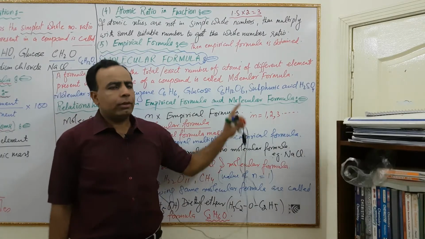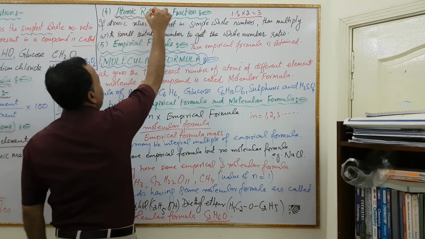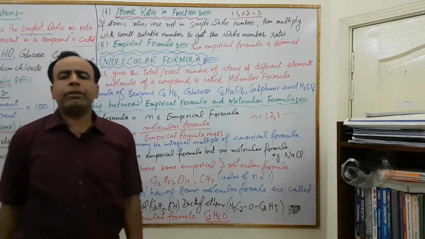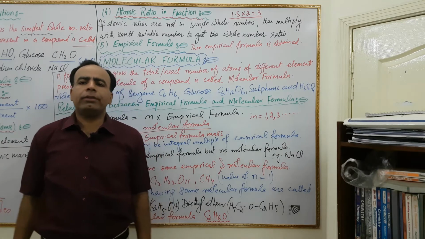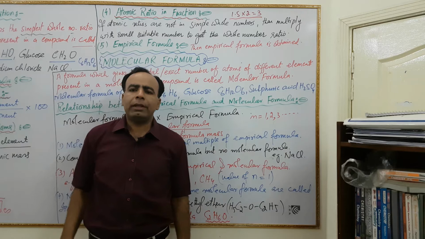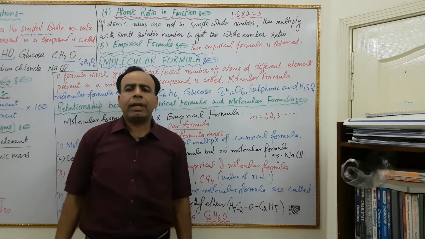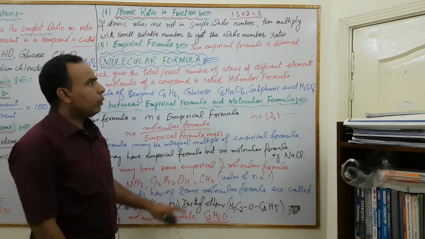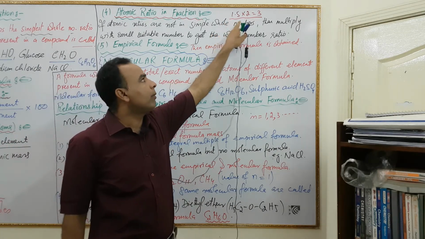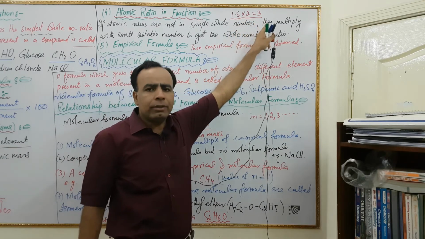Dear students, this is step number 4: if atomic ratios are not in simple whole numbers, that is 1, 2, 3, 4, then multiply them with a small suitable number to get the whole number ratio. For example, if we have 1.5, then we will multiply it by the least number, that is 2, and its whole number is 3.